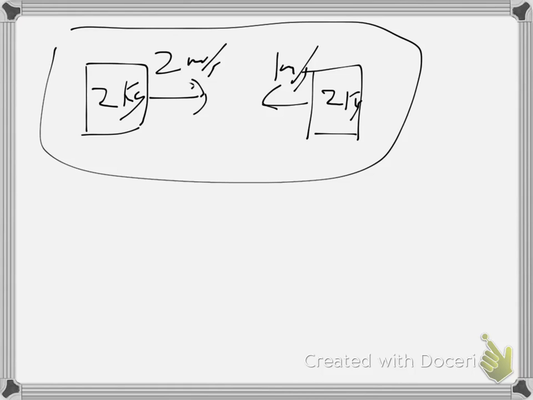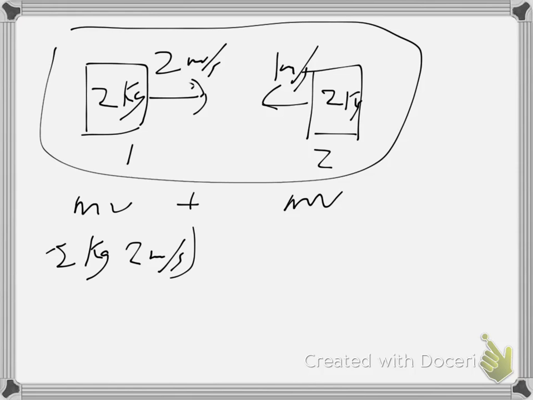So, again, we have box 1 and box 2, so the momentum for box 1 is equal to mv. The momentum for box 2 will also be equal to mv, where this mass is 2 kilograms, and this velocity is 2 meters per second. Now, notice that these two are going in opposite directions. Velocity is a vector, which means we need to set a positive. So let's say that the positive is to the right.